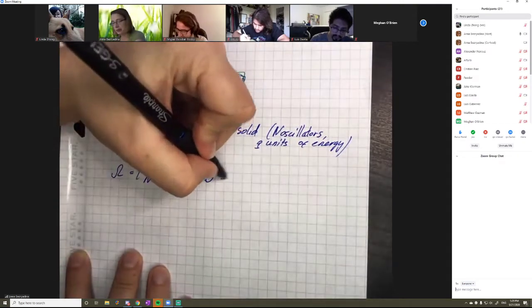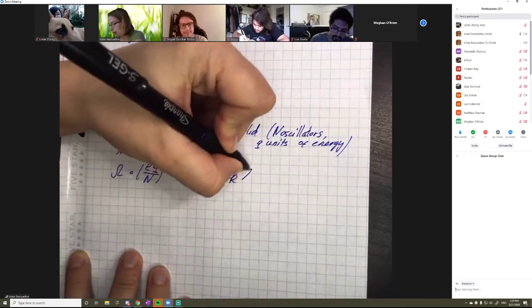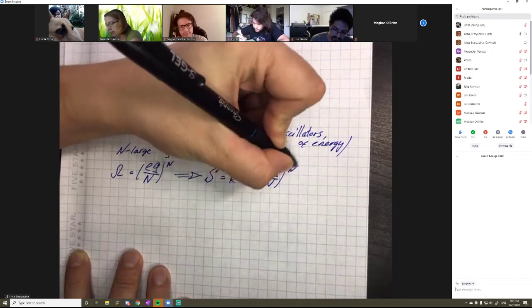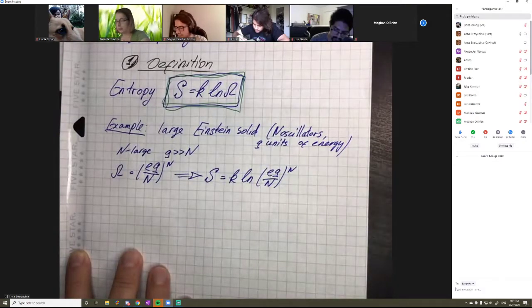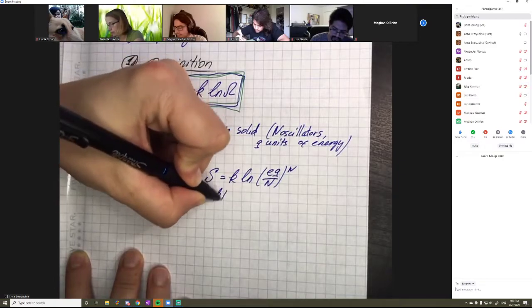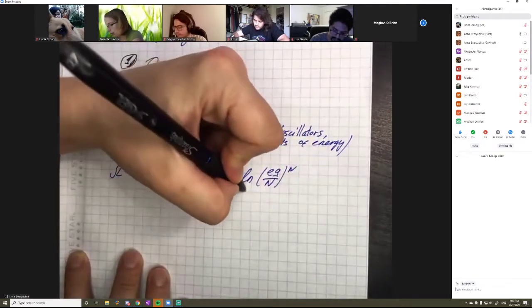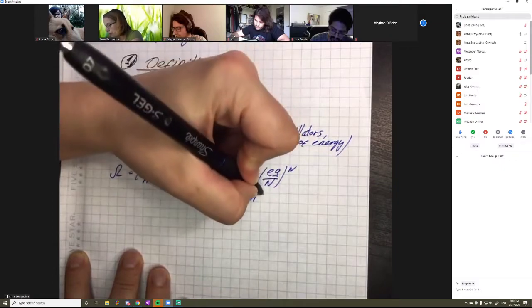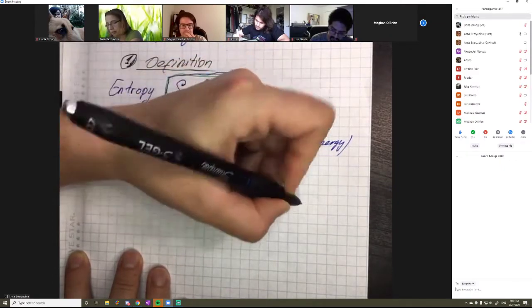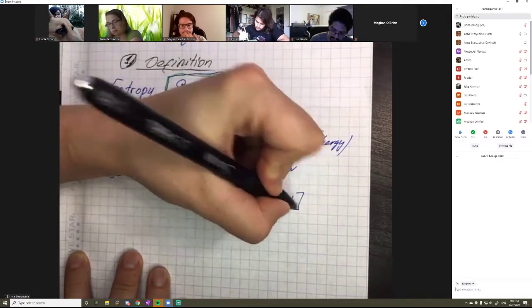It's equal to k times the logarithm of (eQ over N) to the power of N. We can put N outside, and we get S equal to N k times the logarithm of Q over N plus 1.